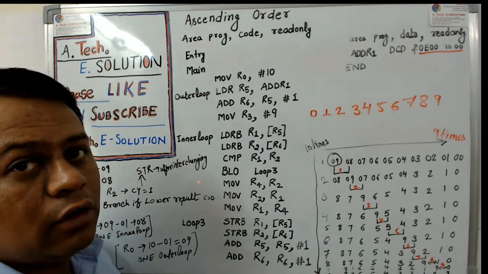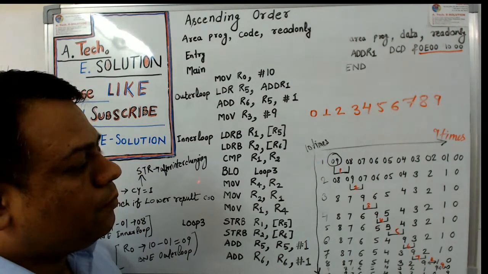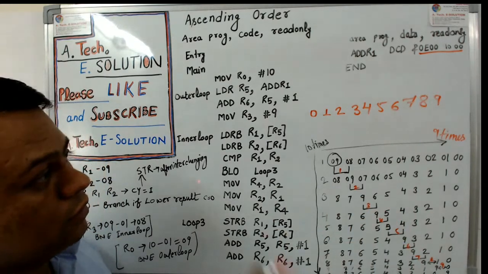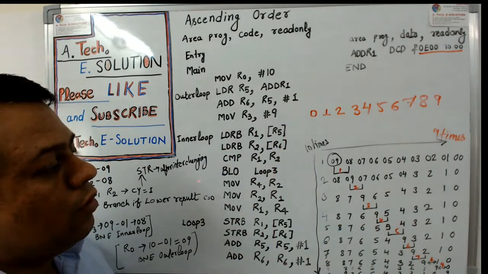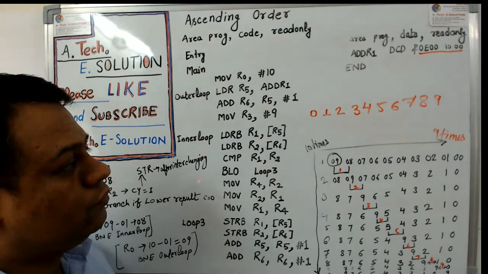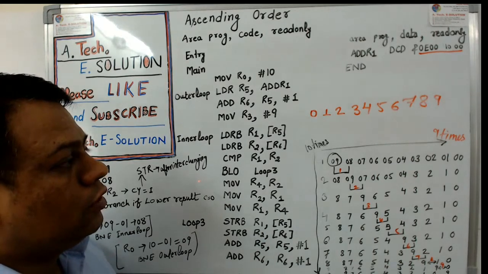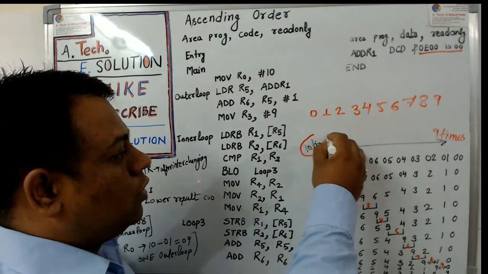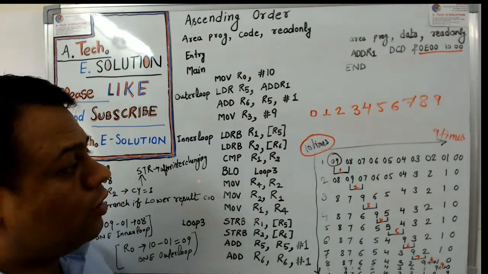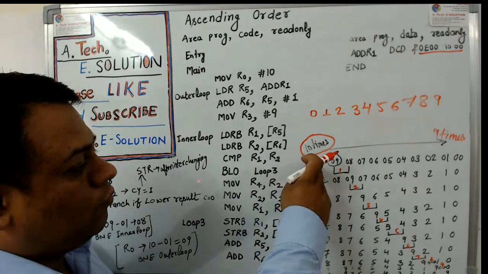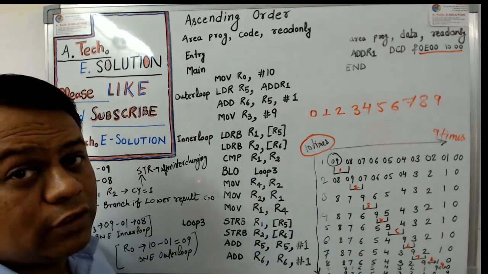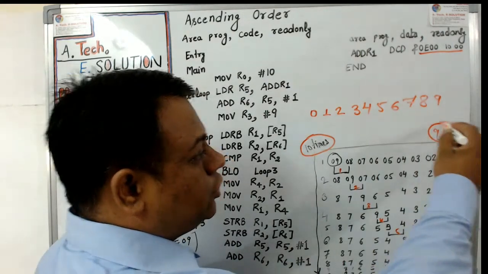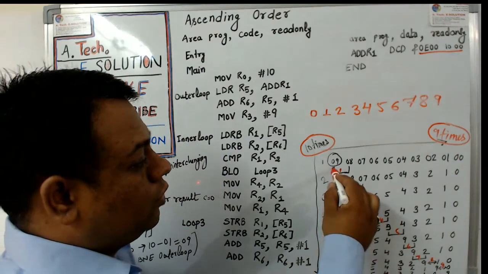opposite order. So for arranging these numbers in ascending order, what do we have to choose? We have to choose one counter which executes this program from the first position to the last position, and a second counter which compares these two numbers.